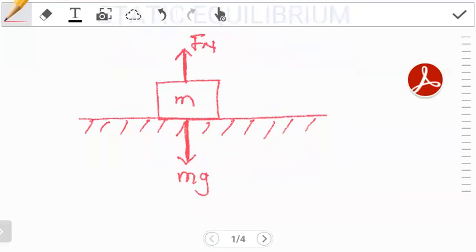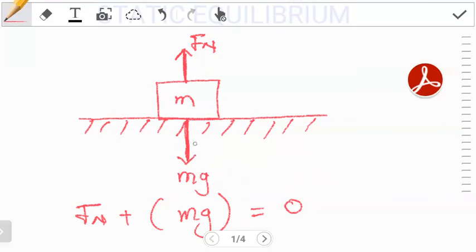Now we have two forces acting on this. And if we claim this object is in equilibrium, it means that if we add the two forces, Fn plus mg, the two forces must equate to 0. But keep in mind, these are forces, they are vectors. So mg is going down. You have to take note of the direction.